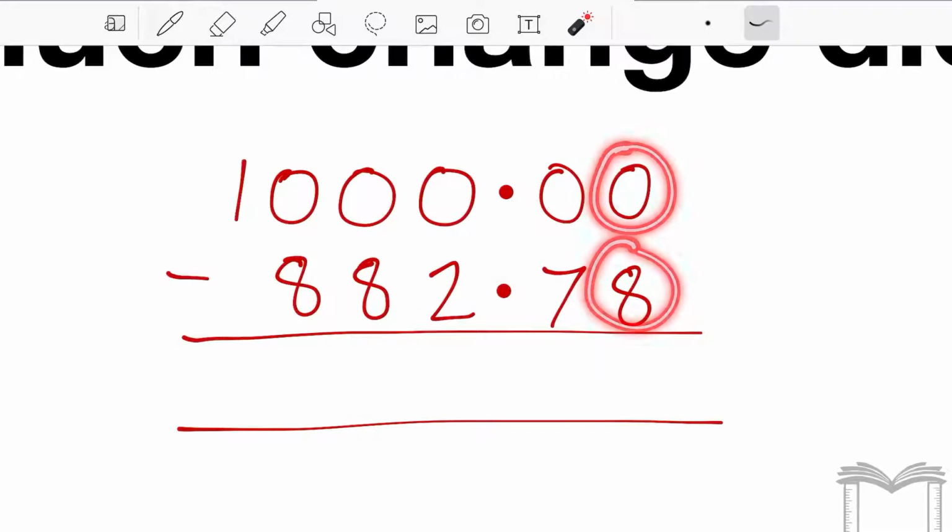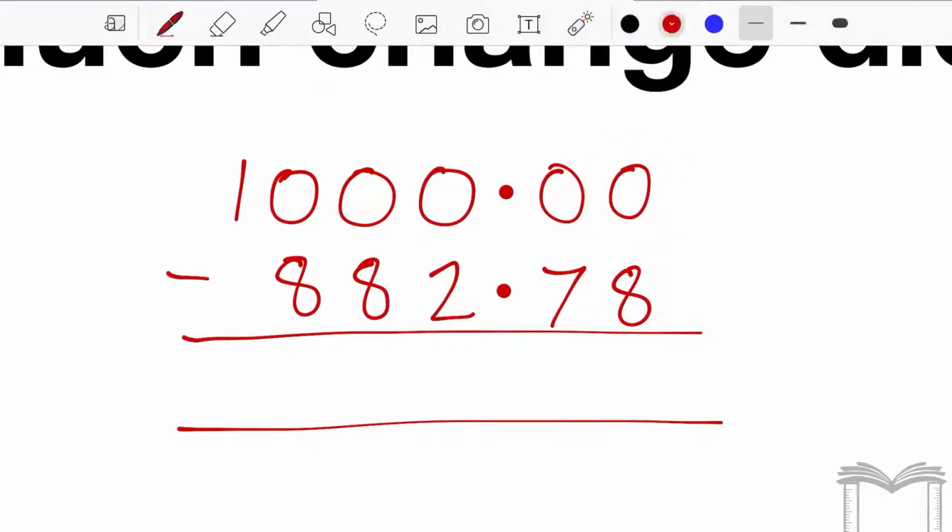So we know that 0 cannot take away 8, so we must borrow. We have to go all the way to the 10. 10 take away 1 is 9. Carry over 1. 10 take away 1 is 9.